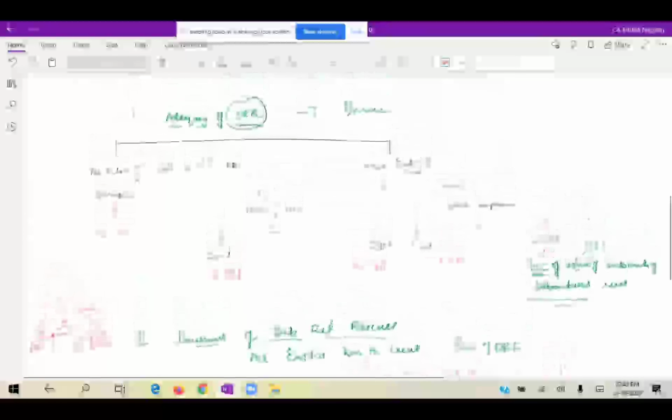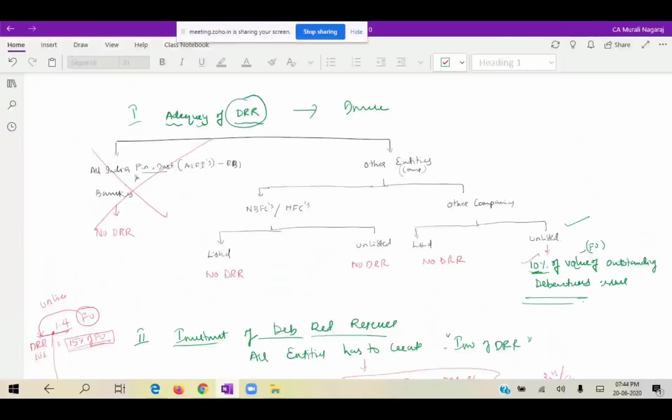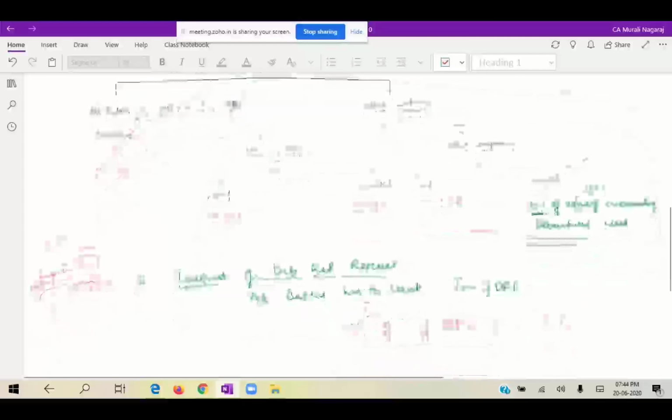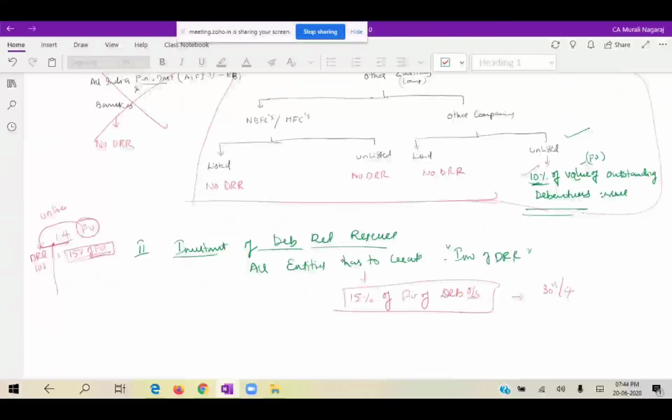In our chart, except this category, got it? So except all India AIFIs and banks, all entities have to create DRI. See the notes.